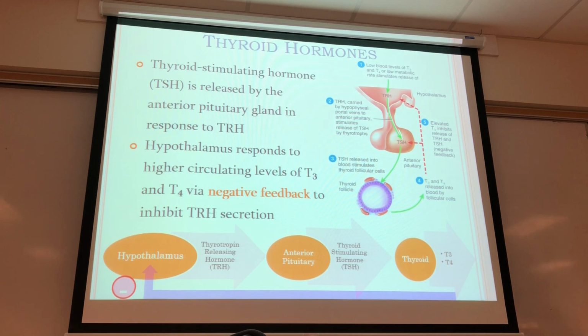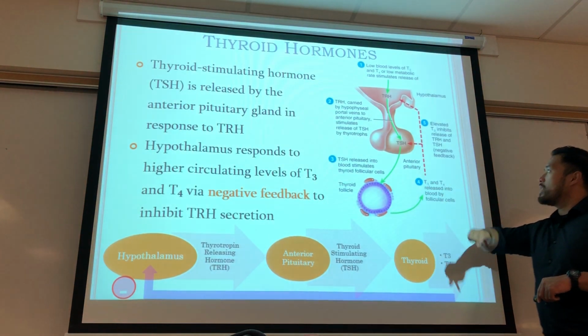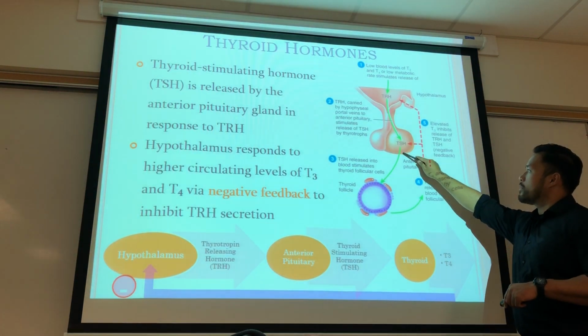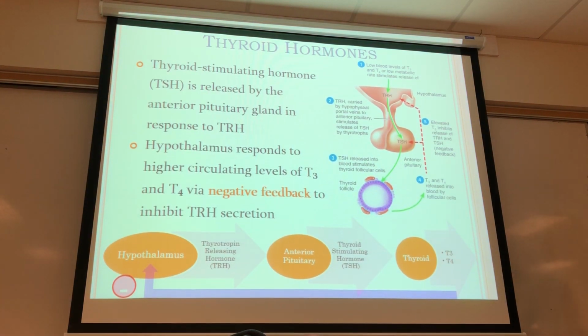So here, this is going to describe everything that I've already described, in which our thyrotropin-releasing hormone is produced by the hypothalamus. TRH makes its way down the portal vein into the thyrotropes in the anterior pituitary, which produce TSH. TSH is secreted out into the circulatory system, which makes its way over to the follicular cells.